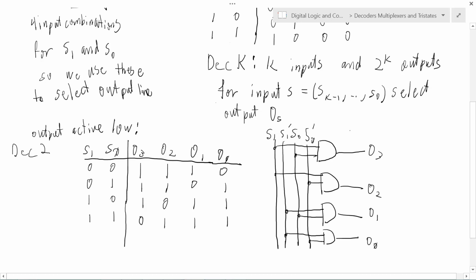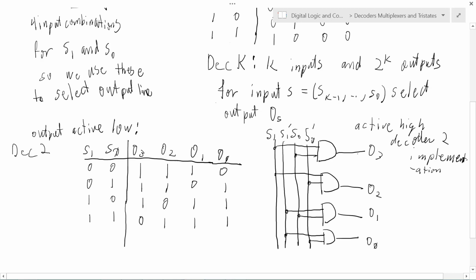This will give us an active high decoder 2 implementation. Running out of space here.